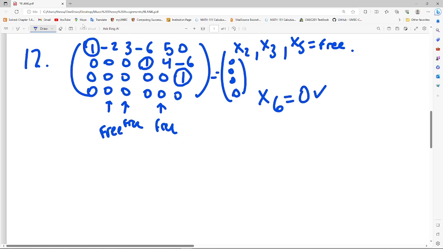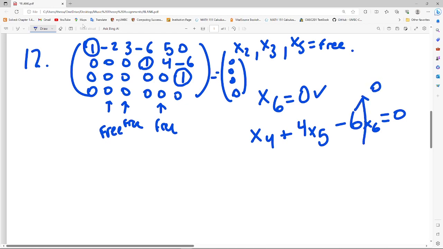We see right here, x4 plus 4x5 minus 6x6 is equal to 0. But we stated that x6 is just 0. So we have x4 is equal to negative 4x5.